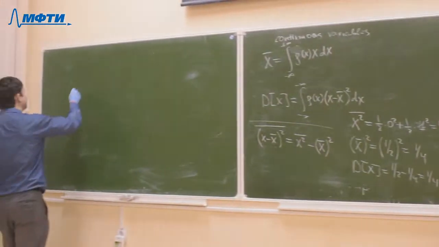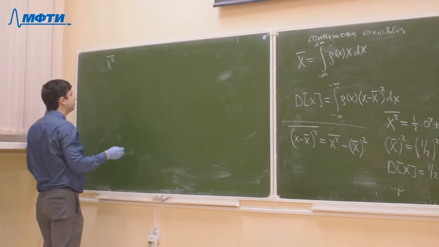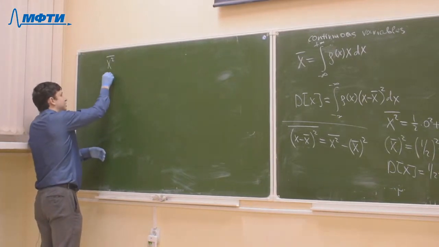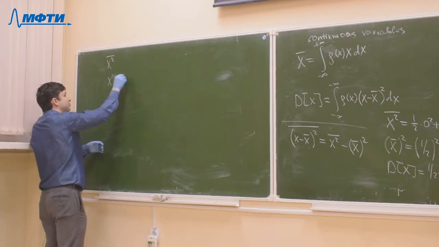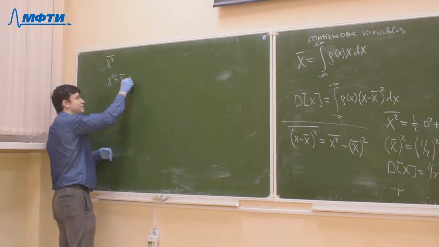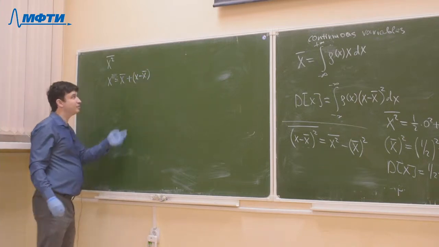Okay, let's calculate the x squared average. Well, first of all, let's calculate x squared. So let's say that x is equal to the mean value of x plus the deviation from this mean value.